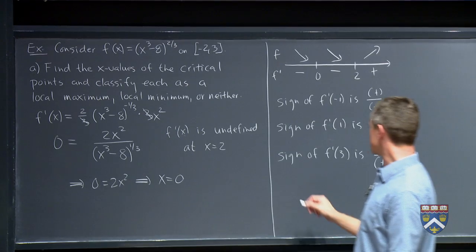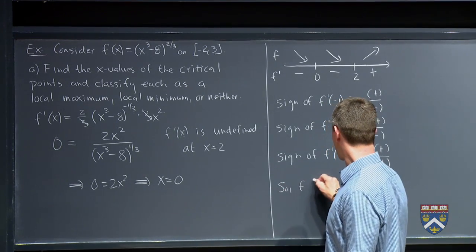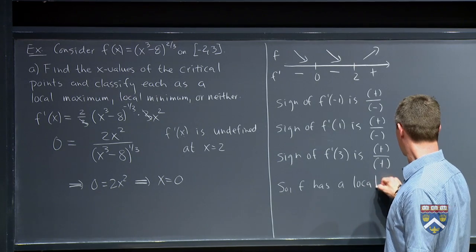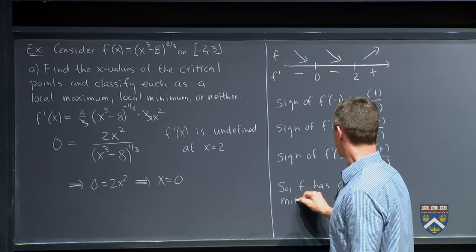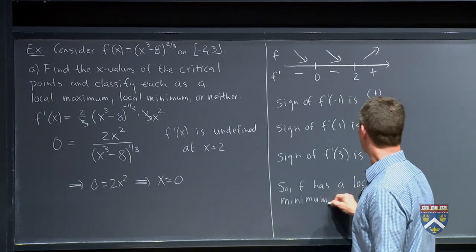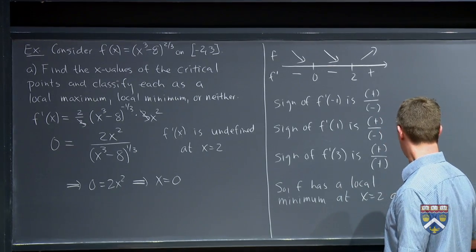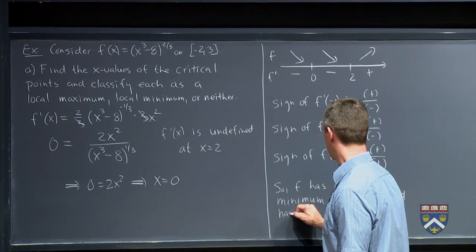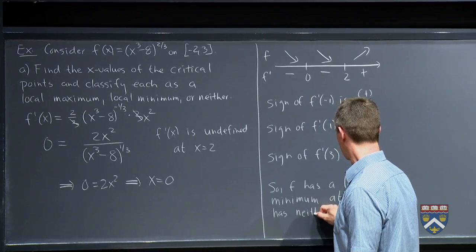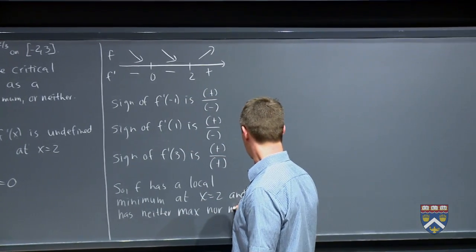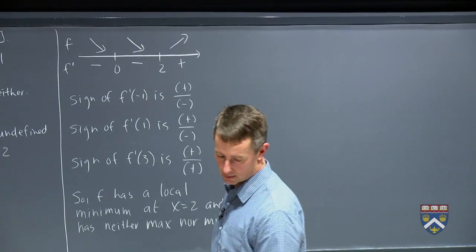So what's the conclusion? f has a local minimum at x equals 2 and has neither max nor min at x equals 0.